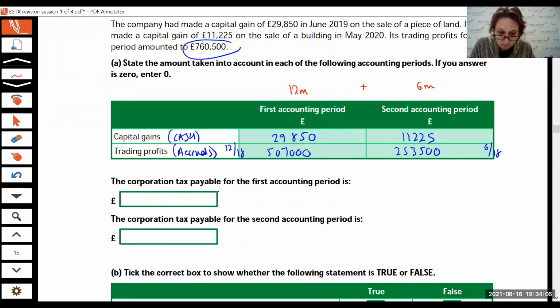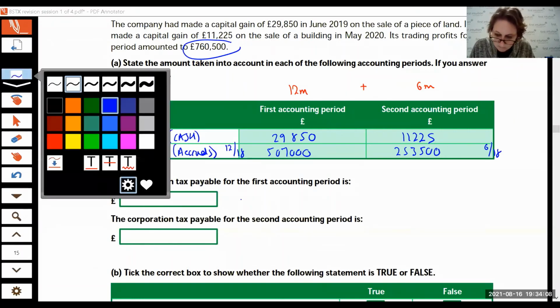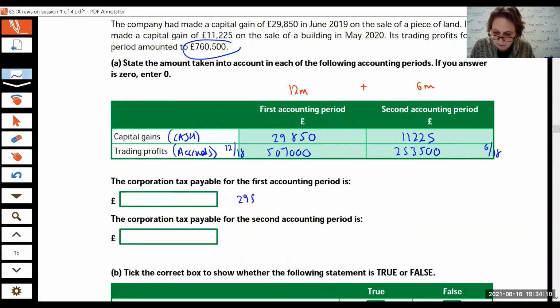So if I subtotal those, and I say for the first period, that's my income, and the rate of tax, it's given in the reference material. It's going to be the same for every corporation tax question that you will have in your exam, 19%.